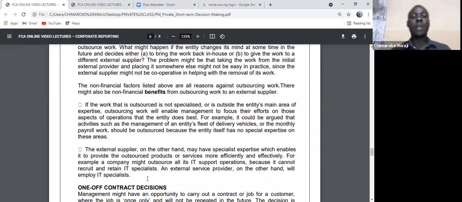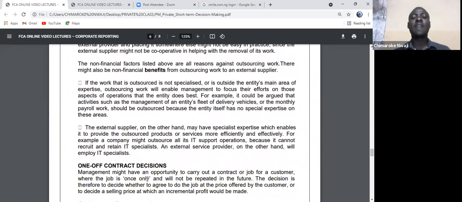Now, an external supplier, on the other hand, may have specialist expertise or knowledge. And so when you outsource it to them, you get the benefit from the expert knowledge, and you are therefore doing your job more efficiently and effectively.